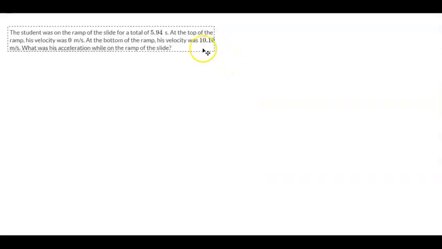First things first, what are we being asked to do, right? We're asked to calculate acceleration. That acceleration is equal to the final velocity minus the initial velocity or speed divided by the time, right?